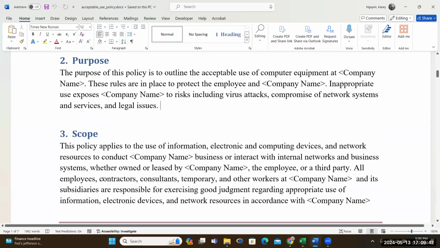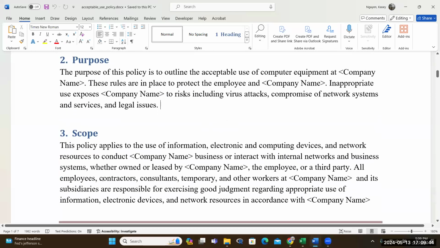Then you would have a section with the scope. So within the scope, you want to really address who is your target audience, or who is going to be required to follow these rules. The employees, contractors, consultants, vendors, affiliates. So the targeted people you want to include here, right?